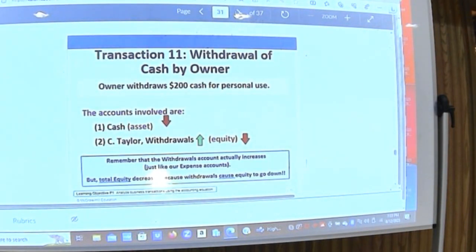31 slide. The owner says, I need some cash. I'm going to take it out of my business. And so his equity is going to go down. His business cash goes down, his personal cash goes up, but we don't care about that. We're just keeping track of the business. So cash goes down, so does his equity.